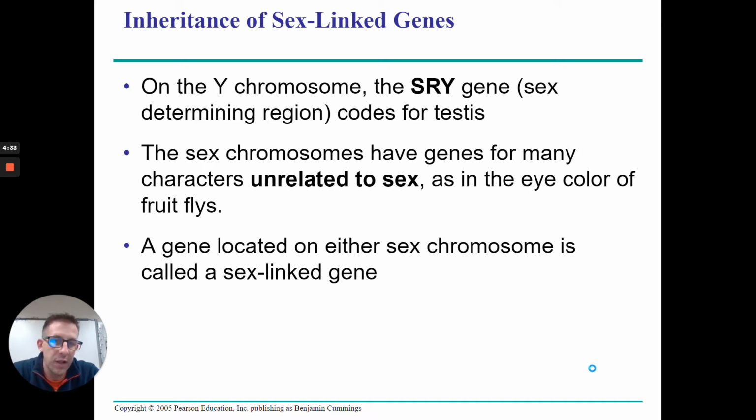It does have a relatively important gene on it called the SRY gene, which stands for the sex-determining region of the Y chromosome. And really all that gene does is code for testes in the male. It gives the male parts, as we might say. There are other genes on the Y chromosome, but they're relatively insignificant and definitely don't need to be talked about here.